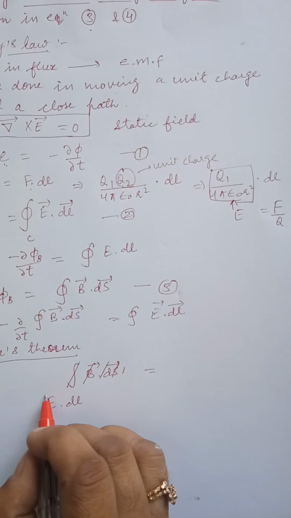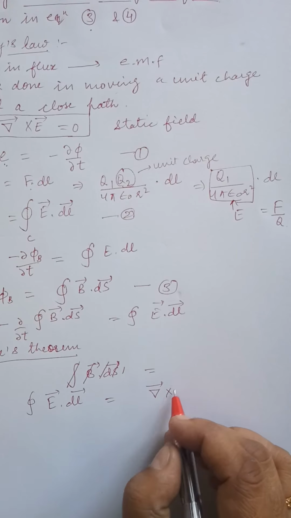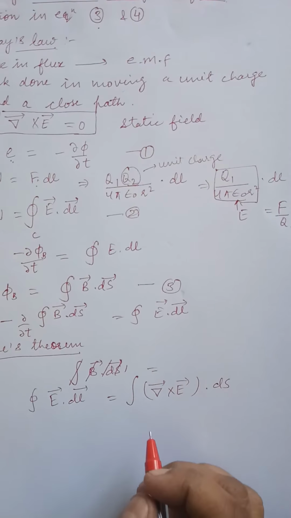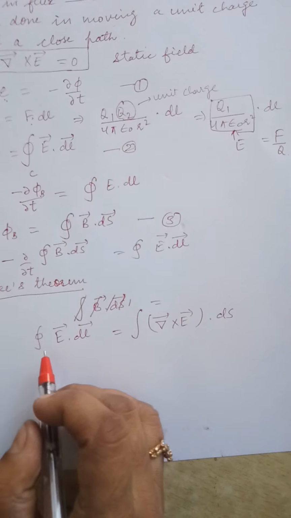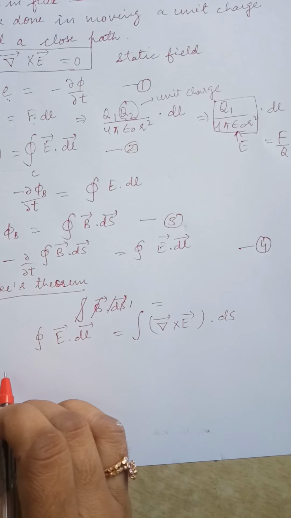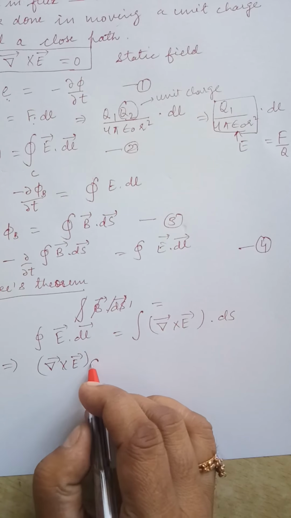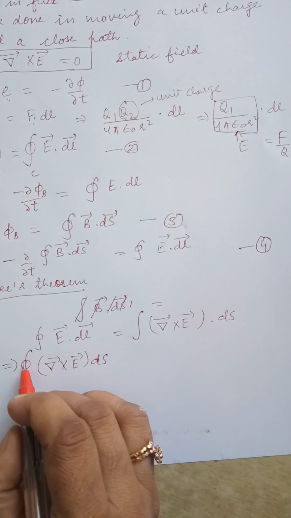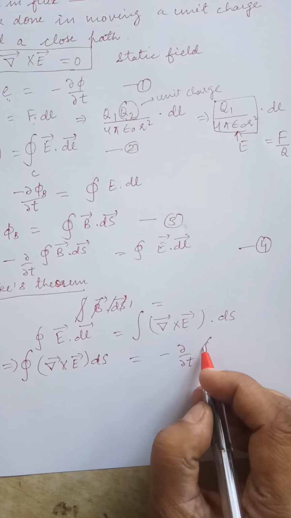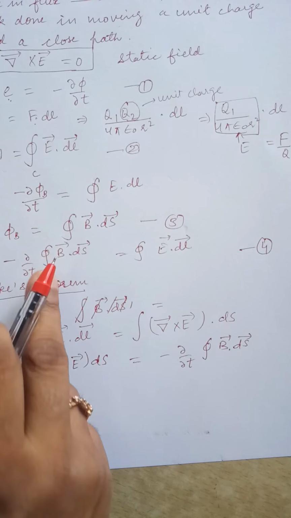Integration E dot dl I can write as the curl of E over the surface integral I am taking. Okay, so now this equation number 4 I can write as the integration of curl of E over the surface of the closed path is equivalent to minus del by del t integration B dot ds, that is already there in the left hand side.